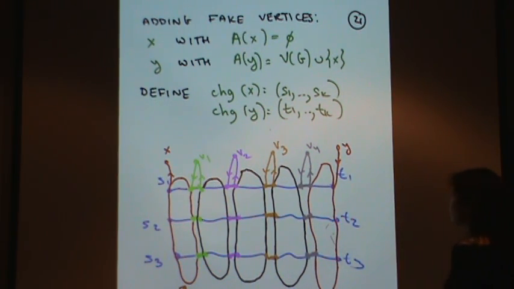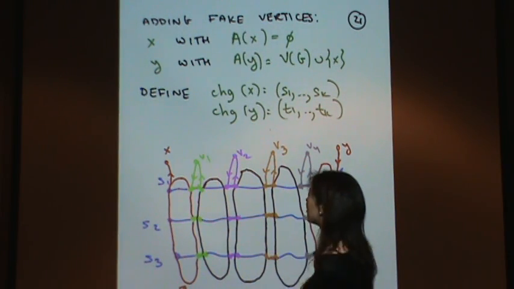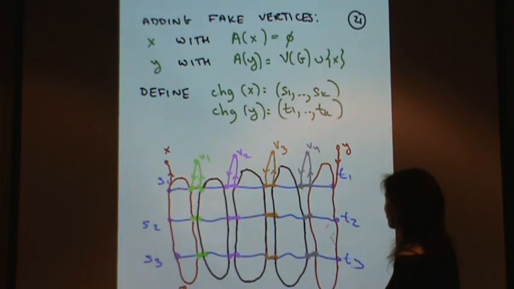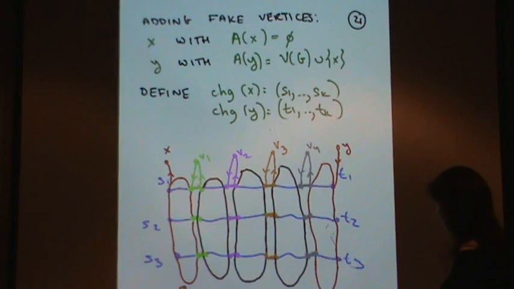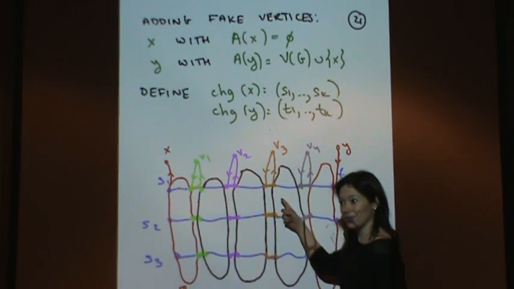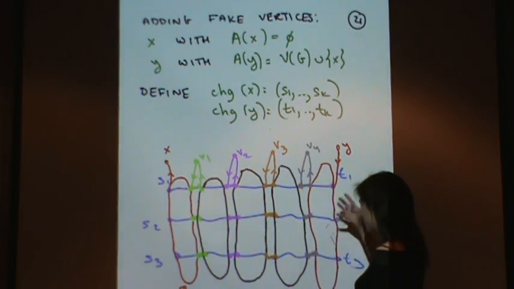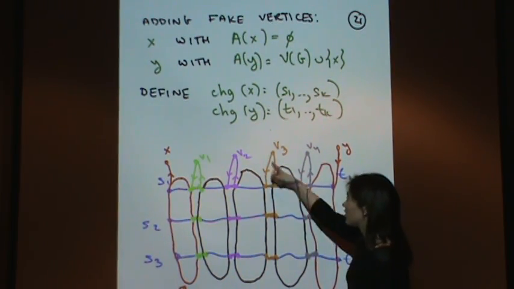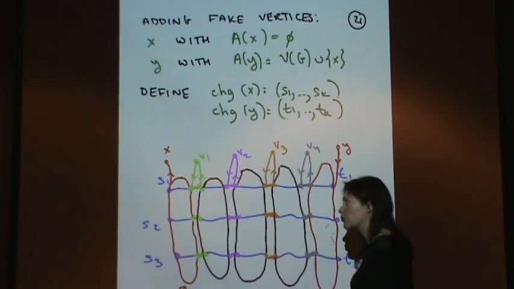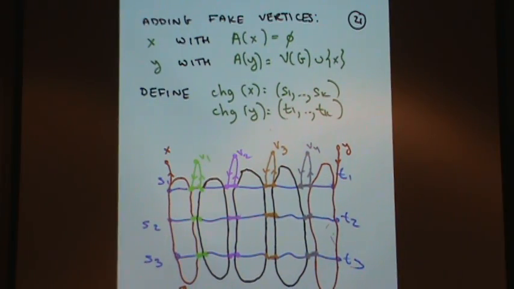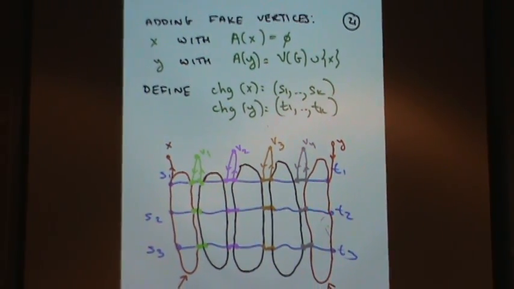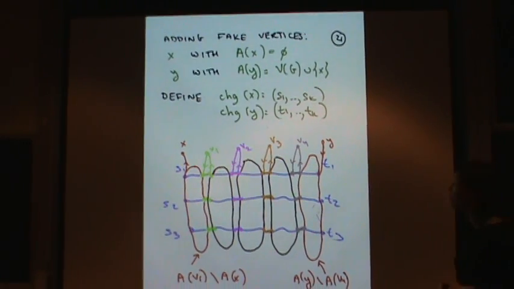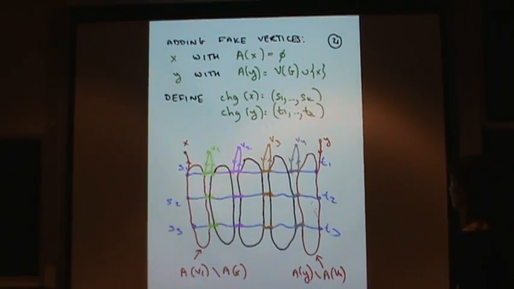That's true: v4 is adjacent to v3 from our theorem, and the out neighbors of v3 are a subset of the out neighbors of v4, and this bit is critical. So when I run the critical subroutine, I do get that this gray thing is adjacent to that orange thing. So it is true that if there was a linkage, then there are paths in the graph I started with.